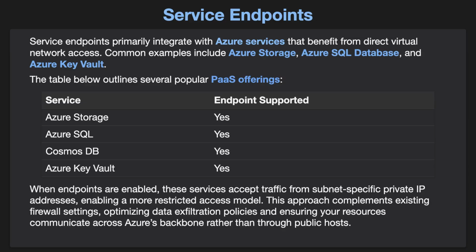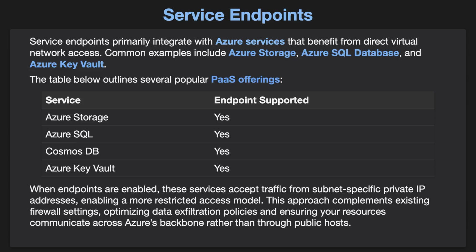Service endpoints primarily integrate with Azure services that benefit from direct virtual network access. Common examples include Azure Storage, Azure SQL Database, and Azure Key Vault. The table below outlines several popular PaaS offerings. Service endpoint supported: Azure Storage, yes. Azure SQL, yes. Cosmos DB, yes.